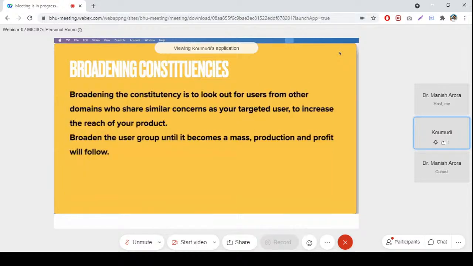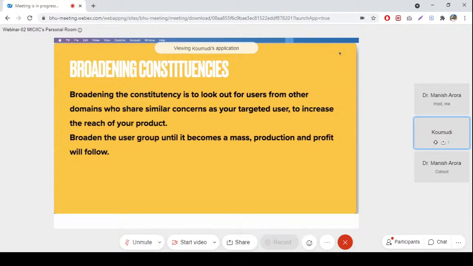To sum up, broadening the constituency is to look out for other users from other domains who share similar concerns as your targeted user to increase the reach of your product. Broaden the user group until it becomes a mass. Production and profit will follow this mass.